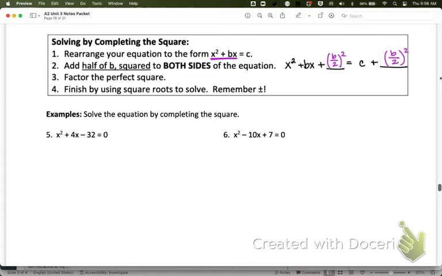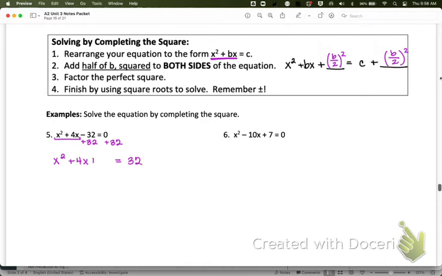So on number 5, here's our x^2 + bx. That's the part we need by itself. So I'm going to add 32 to both sides, and I'm going to leave myself a little bit of room for those fill in the blanks. So I have x^2 + 4x, leave some room, equals 32.